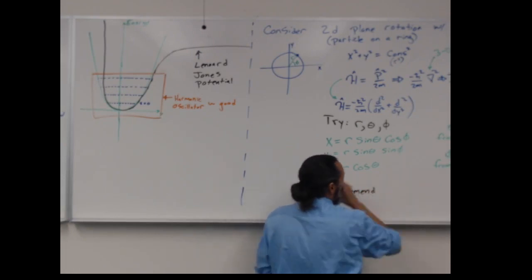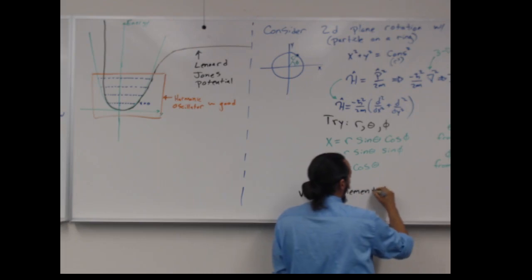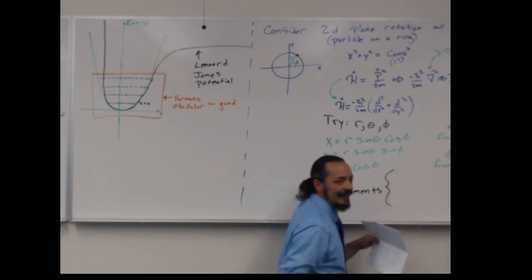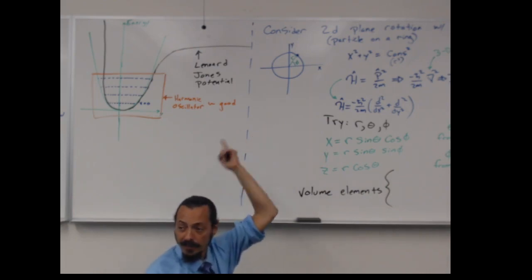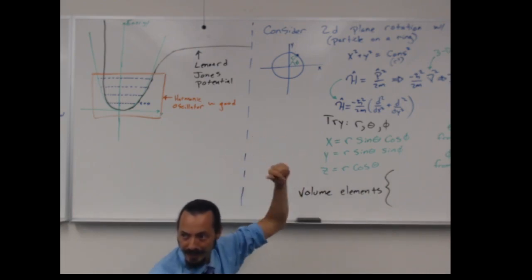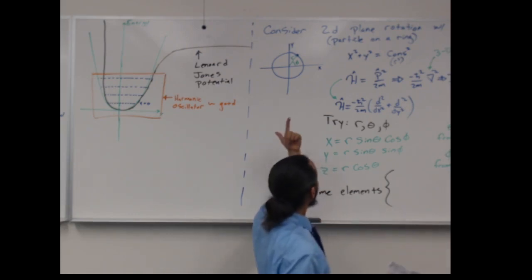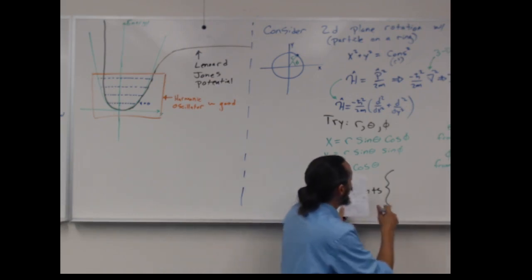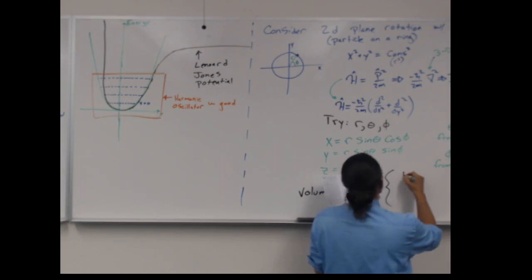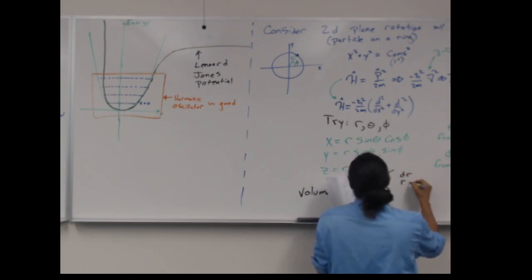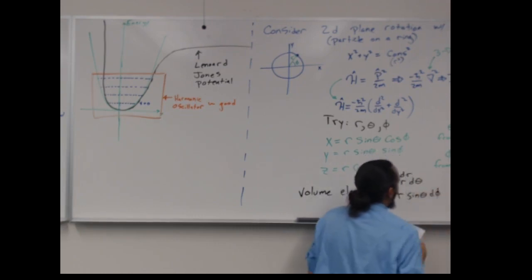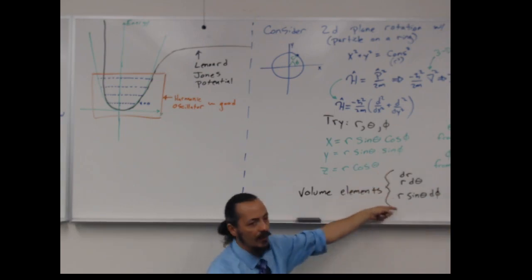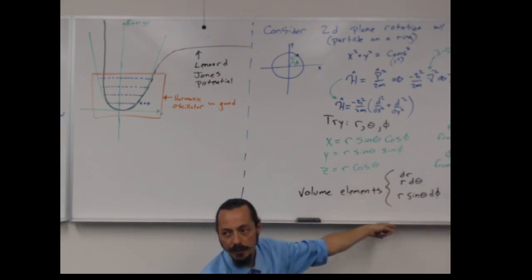So when we do our integrals and our derivatives, we get these extra bits because dx, dy, dz, that's on our xy coordinate, that's perpendicular to each other. R, theta, and phi are technically perpendicular to each other, but the volume relates in different ways. dr, r d theta, and r sine theta d phi. So when we want to take integrals, these are the volume elements we need to use.